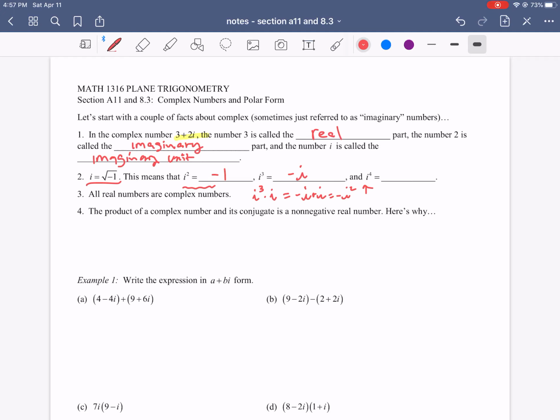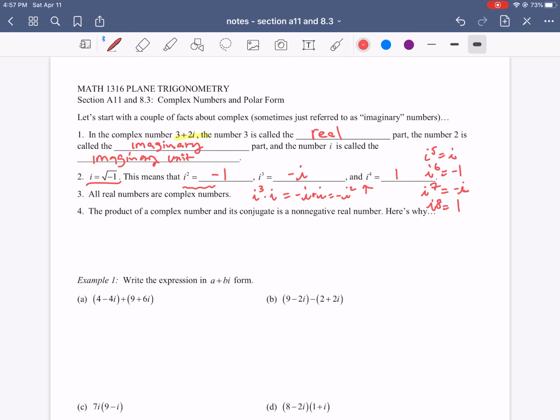So the opposite of -1 will equal 1. And it turns out that these rules repeat themselves. So if you were to keep going here, you would see that i to the fifth was just equal to i. i to the sixth then was equal to -1. i to the seventh would be -i, and i to the eighth would equal +1.